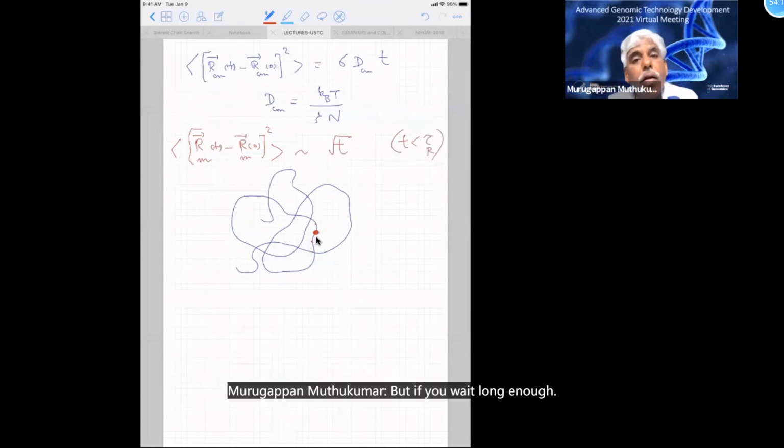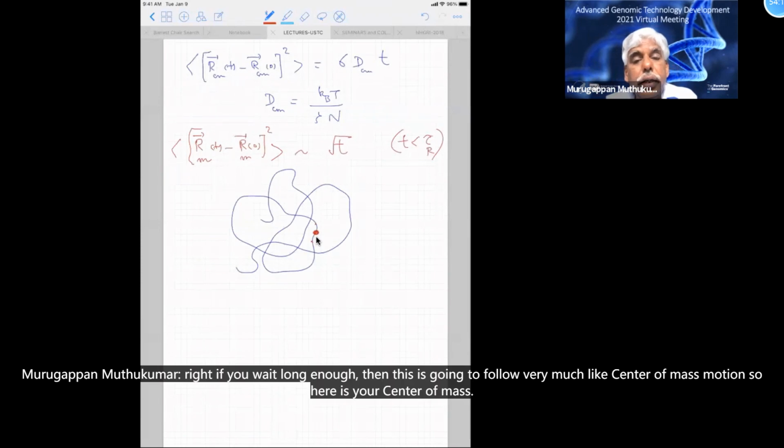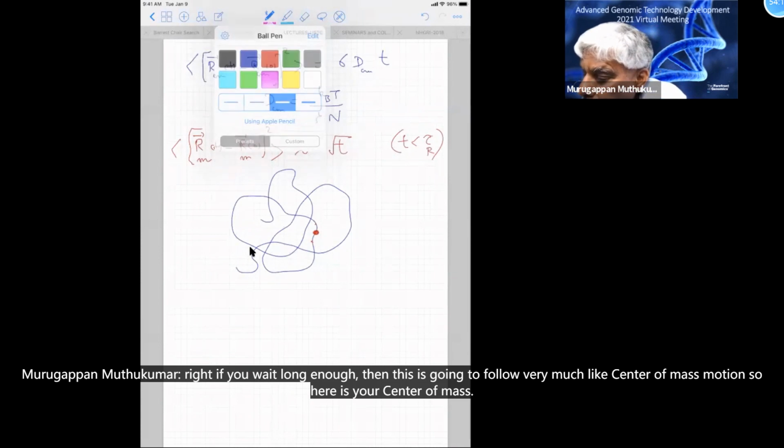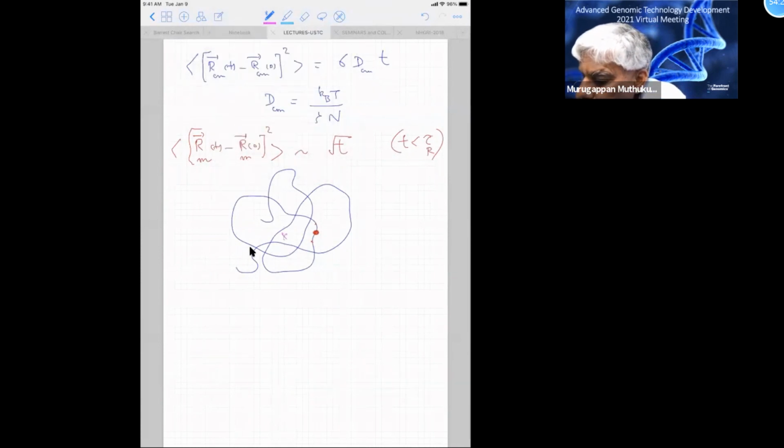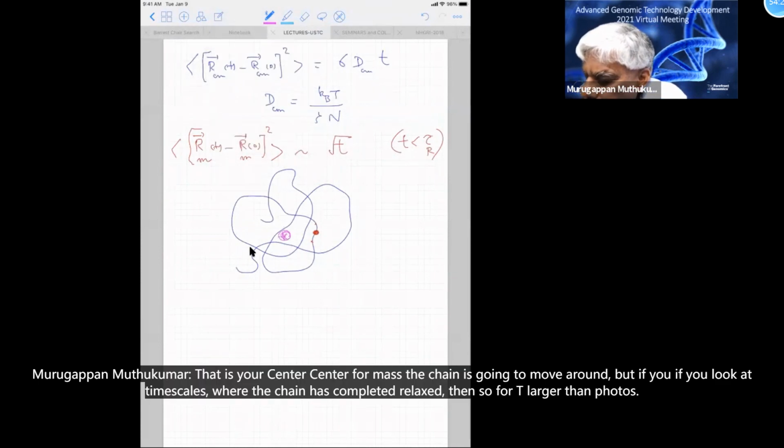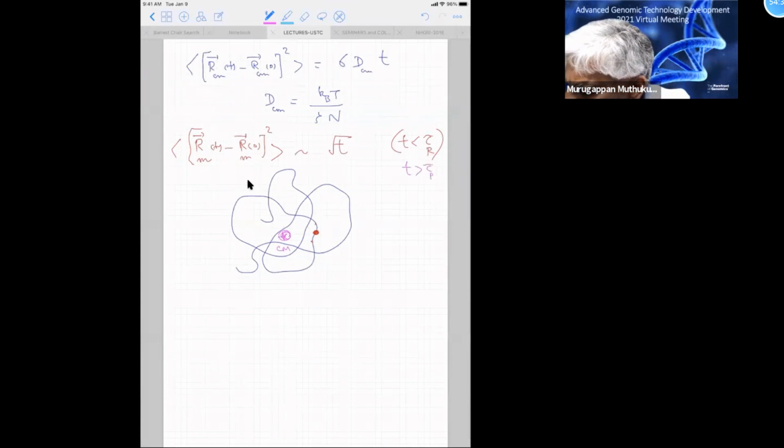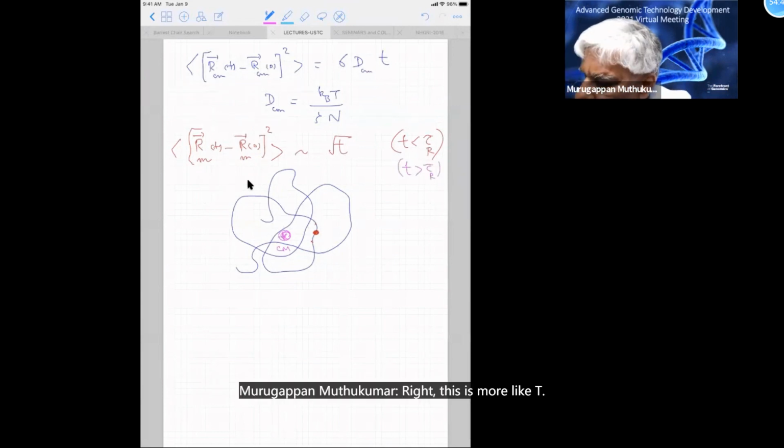But if you wait long enough, then this is going to follow very much like center of mass motion. So here is your center of mass. The chain is going to move around, but if you look at time scales where the chain has completely relaxed, then for t larger than tau Rouse, this will go like t.